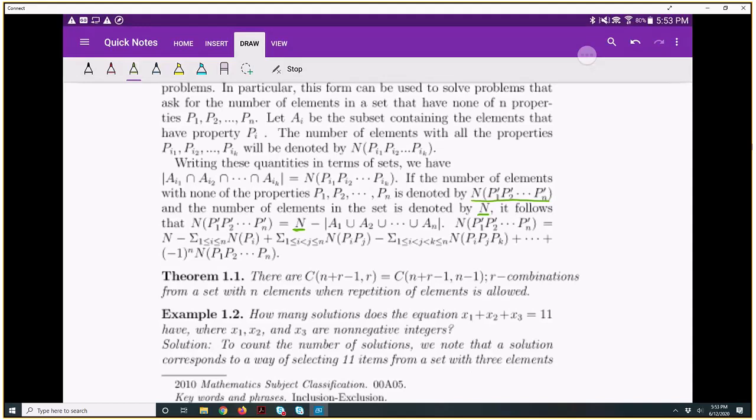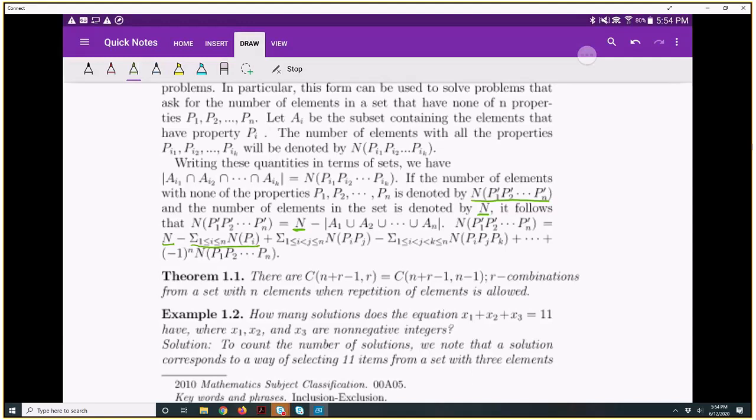So if we translate it into this new notation, we're saying that N of P1 prime, P2 prime, Pn prime, which is the number of elements from our original set that contain none of these n properties, is going to be the number of elements in the set, N, minus the sum of the cardinalities of the sets for each property individually, plus the sum of the cardinalities where we intersect two sets, so elements that have two properties, elements that have three properties, and so on down the line.